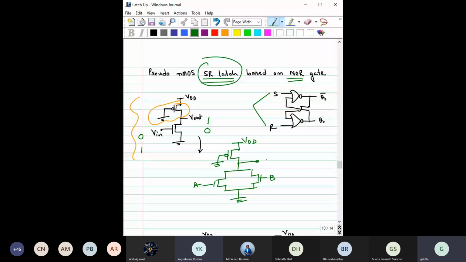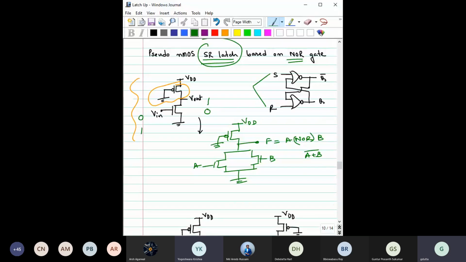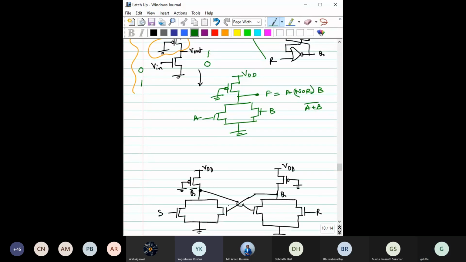Here F is equal to A plus B, whole bar. So if we can implement any logic function, then you should also be able to make a latch with this. So let us see how to do that.